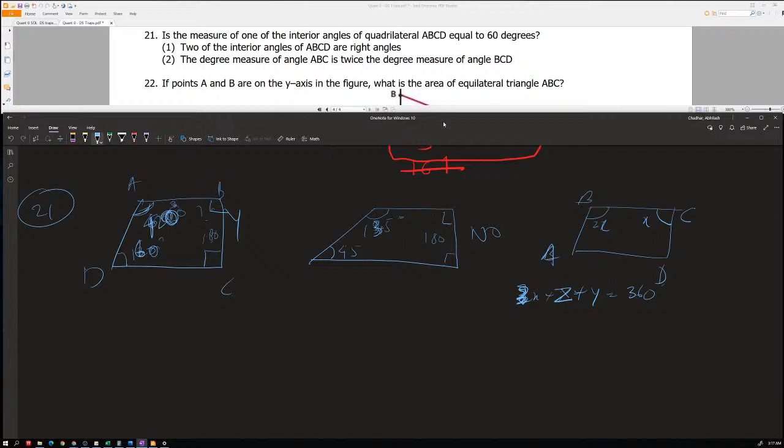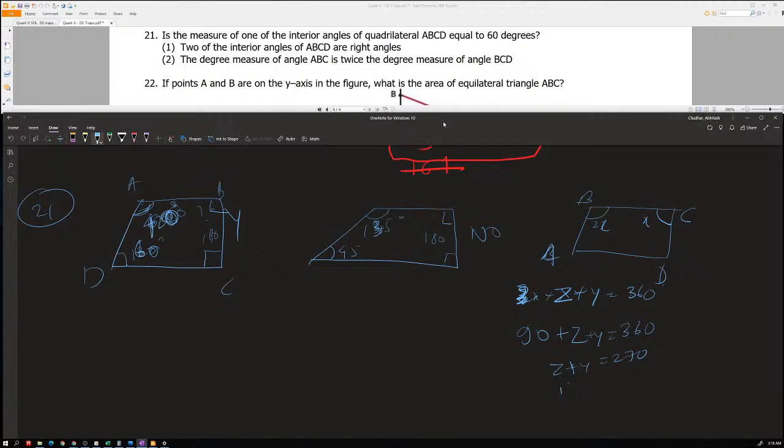So this could be a 30 degree and a 60 degree angle. So not a problem. So if I take this as 30 degrees, this becomes 90 plus, yeah, x plus y equal to 360. This becomes 270. Z plus y can be equal to 270.